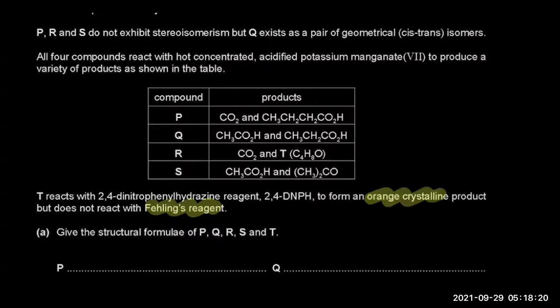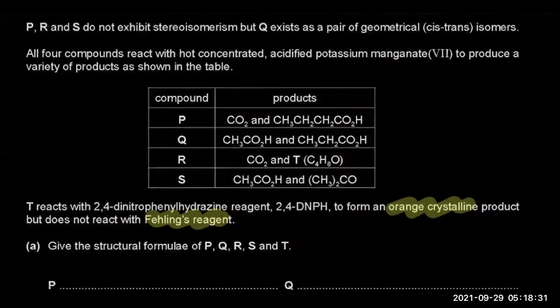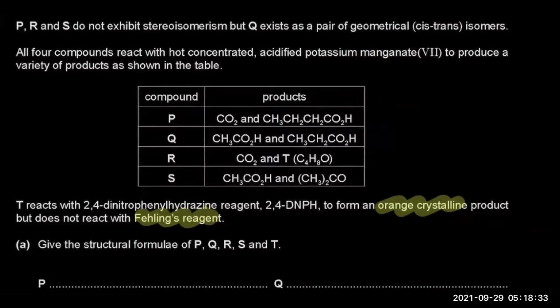Okay. So what is P over here? Now what we're doing is, what does potassium manganate do to an alkene? Strong oxidation, right? The double bond breaks. And carbon dioxide is formed when the double-bonded carbon has a CH2 attached. The other product here is a straight chain 4 carbon acid.